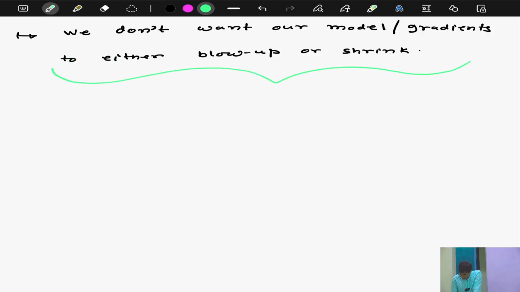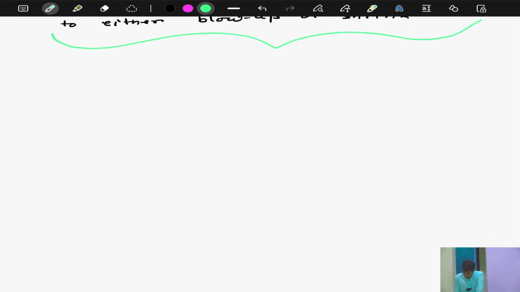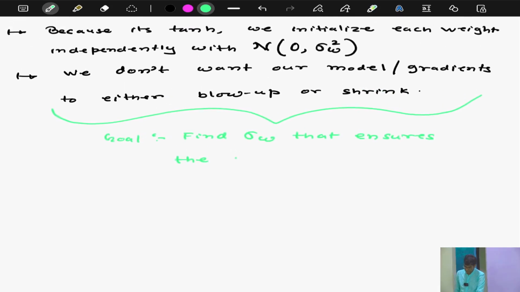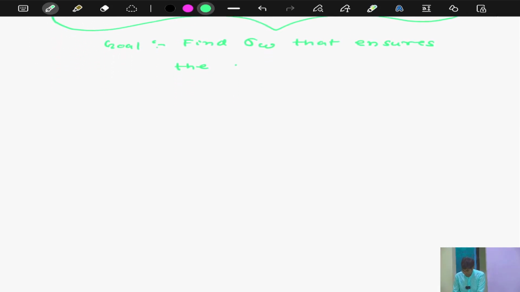So therefore, the goal is to find sigma w that ensures the condition above.